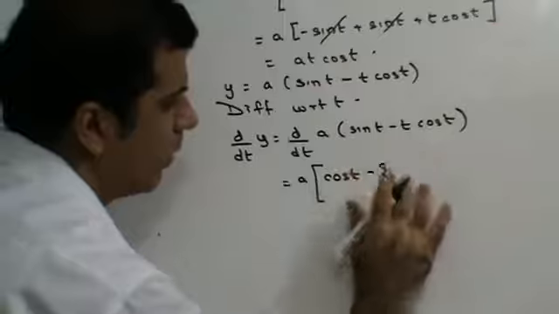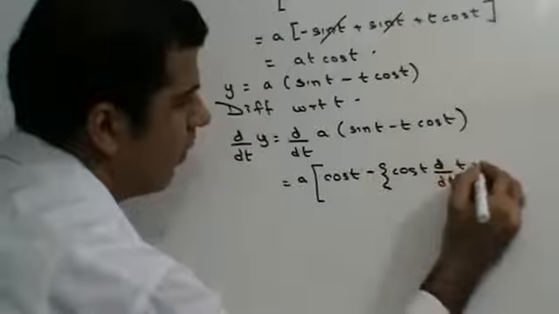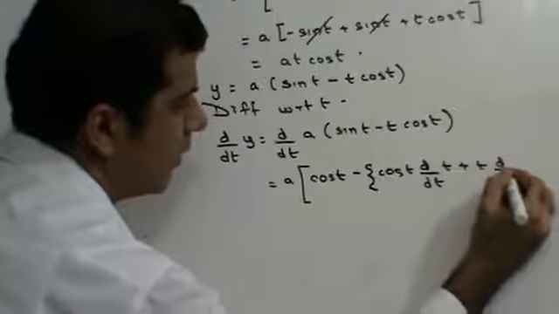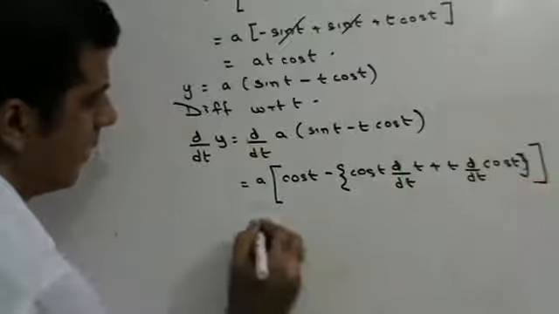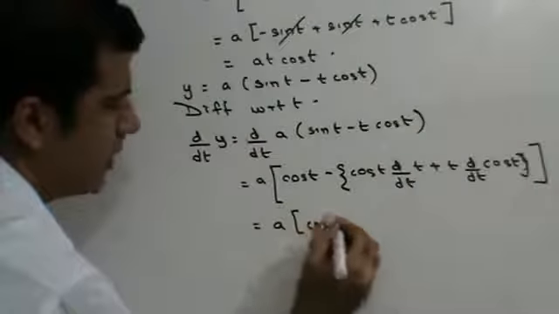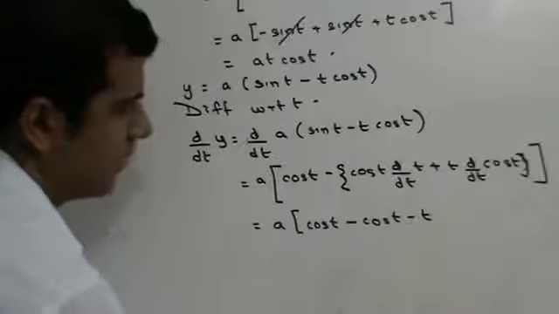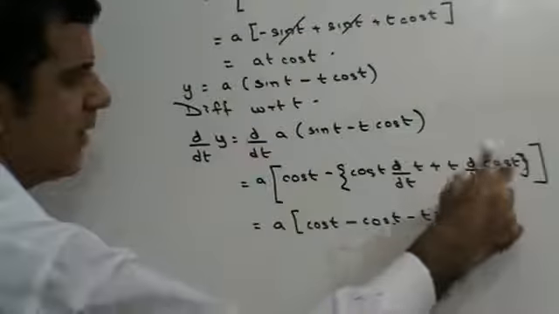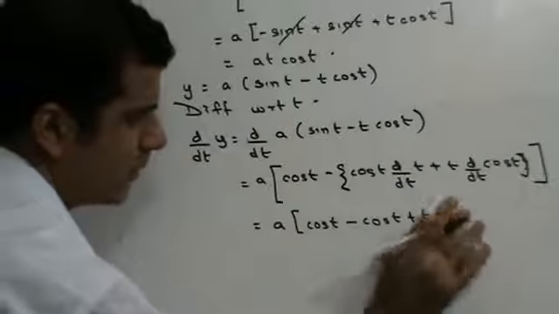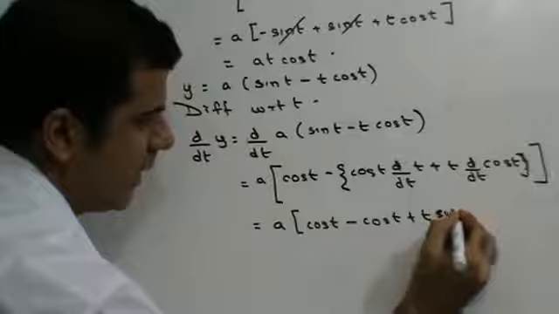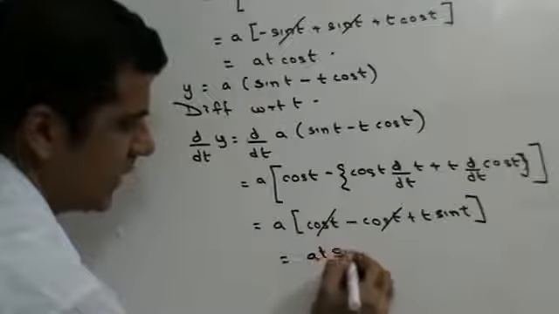This is going to be v derivative of u plus u derivative of v, right? So this is a cos t minus cos t plus t into minus, d by dt of cos t is minus sin t, so this will become plus t sin t. Cos t and cos t get cancelled, so this is a t sin t.